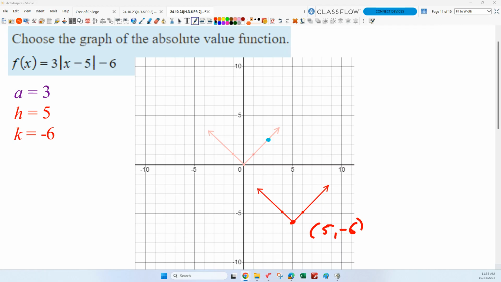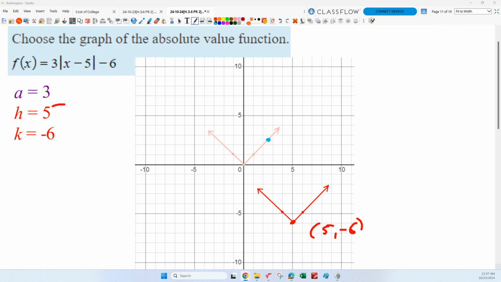How? Why is it so easy to predict what those are going to be? I slid 5 to the right and down 6. Why is it so easy to predict where the vertex ends up? Because it started at 0, 0, right? So 0 plus 5 is 5. 0 minus 6 is negative 6.